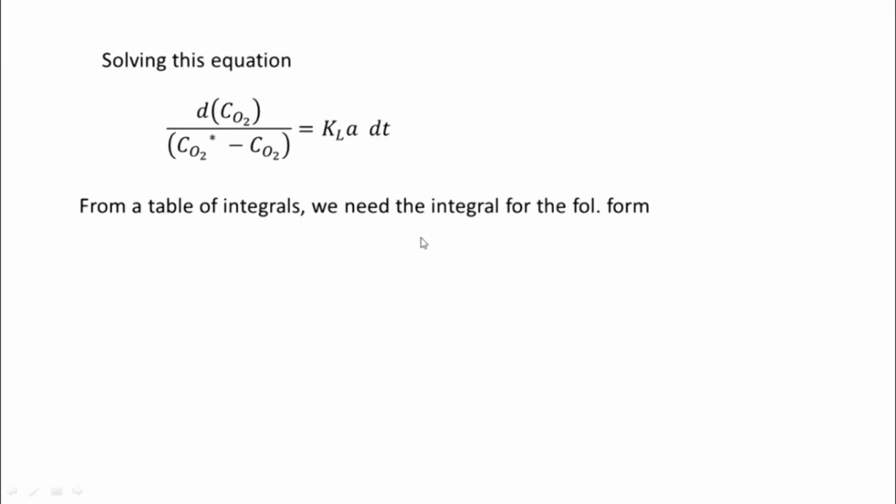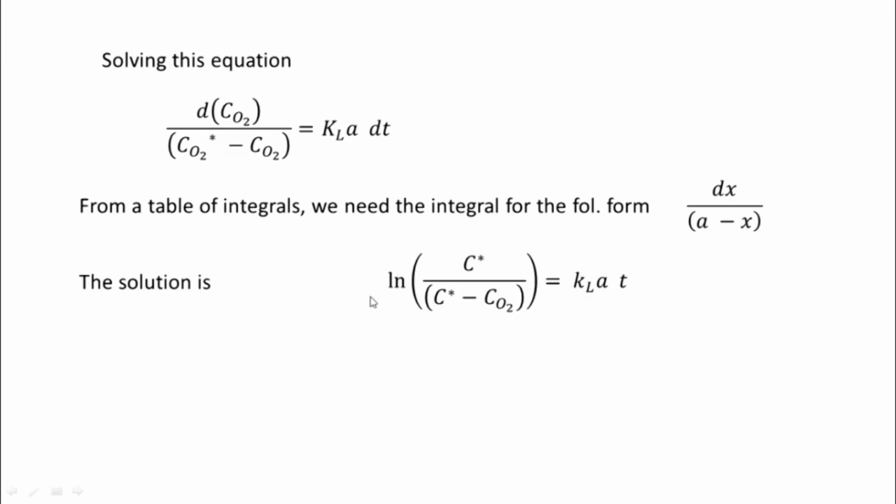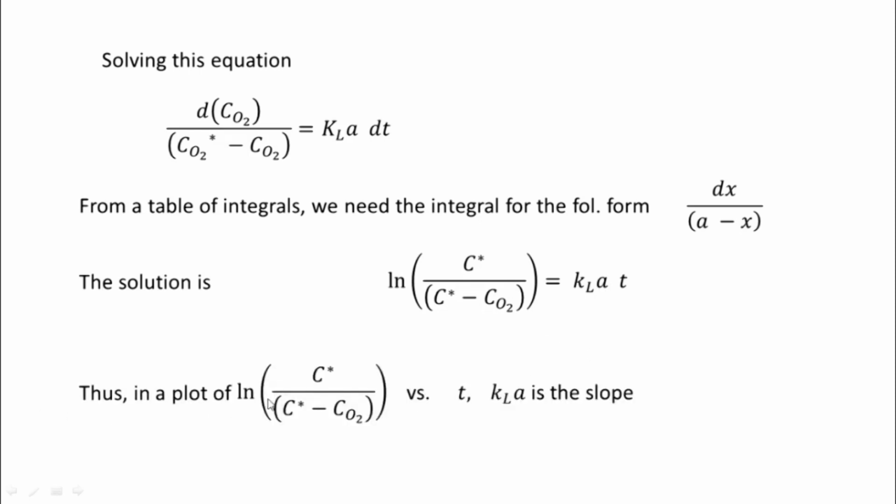The solution is the natural log of C star over (C star minus C_O2) equals KLa times t, where C star is what I call C_O2 star. Thus a plot of the logarithm of C star divided by (C star minus C_O2) versus time will give us KLa as the slope.